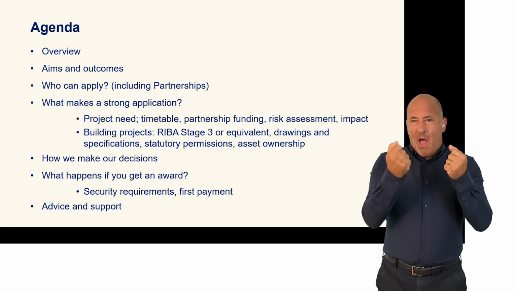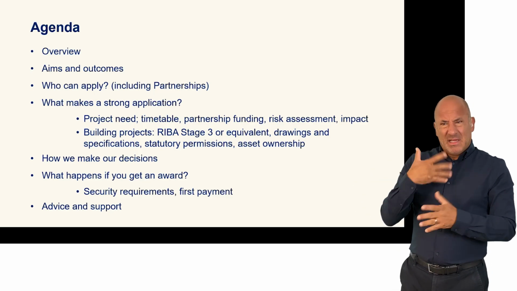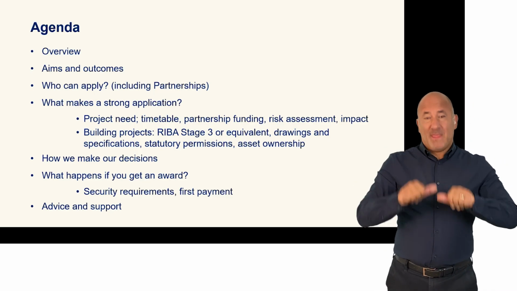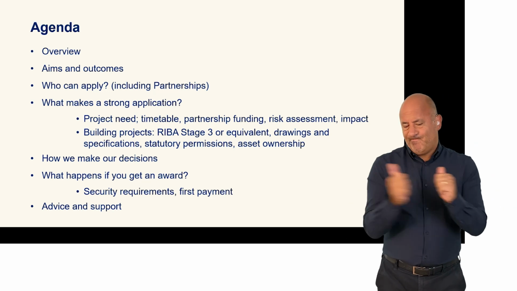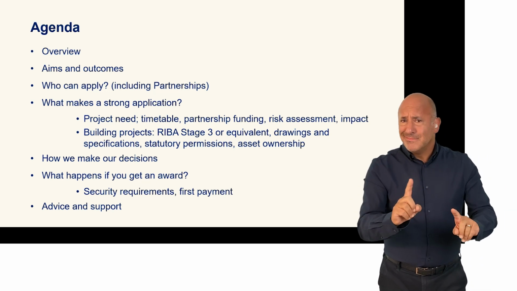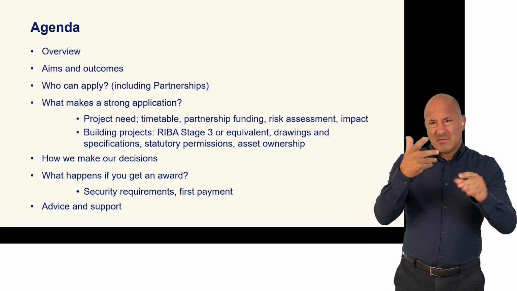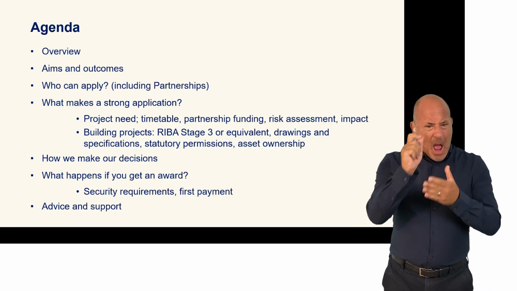There'll also be specific detail about what will be needed in applications for building projects. And then the next part of the session will be explaining how we make our decisions and what happens if you're awarded funding, including some important details about security requirements. And finally, we'll have a reminder of where you can get advice and support with your application.